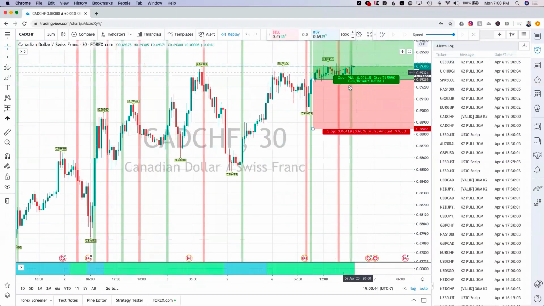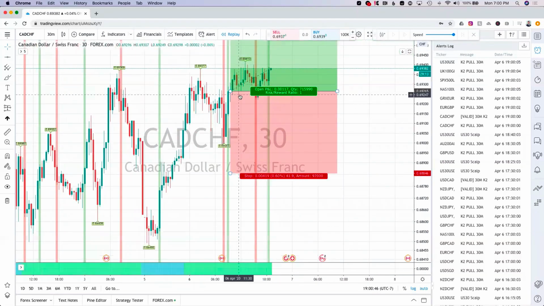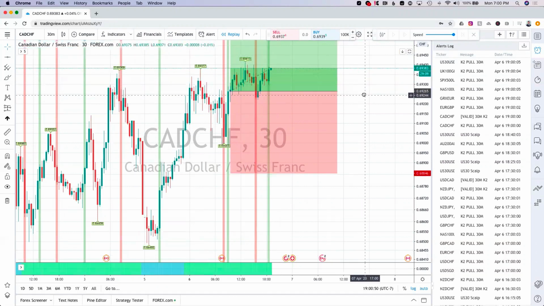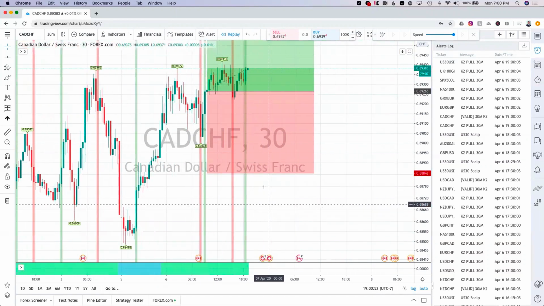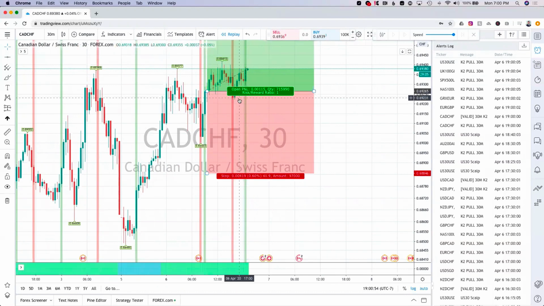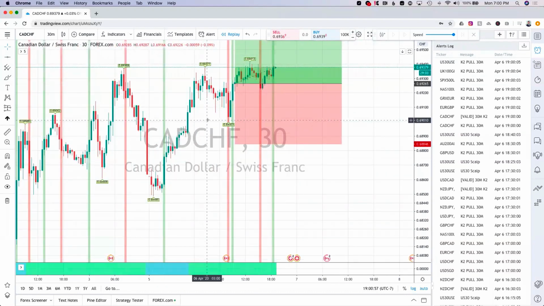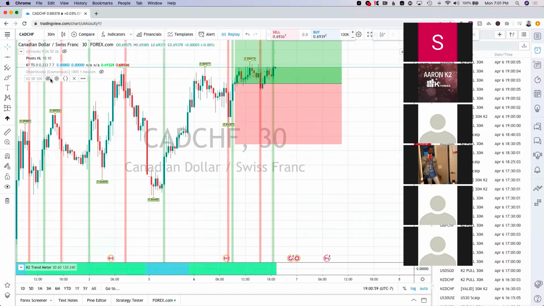So right here we got a valid signal. We already had an entry up here, so if we were in this, it would just be a continuation upwards. It's on resistance, bro. Okay, yeah, I don't think you have it enabled yet. Oh, there we go.